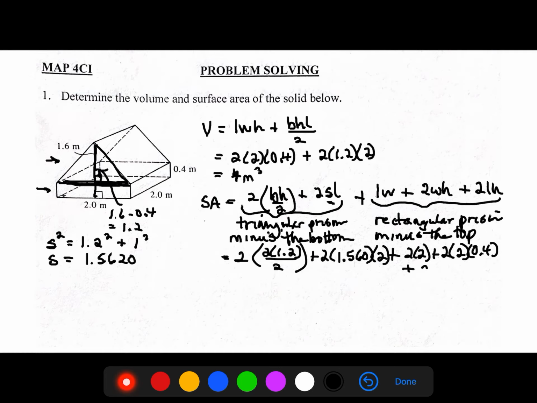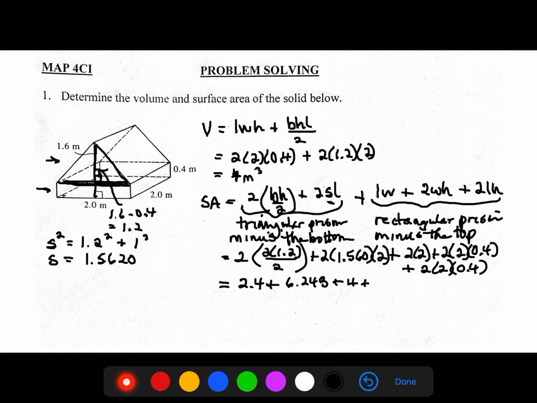And for our rectangular prism, we're going to have 2 times 2 plus 2 times 2 times 0.4 plus 2 times 2 times 0.4 as well.